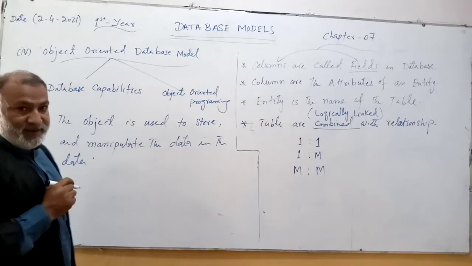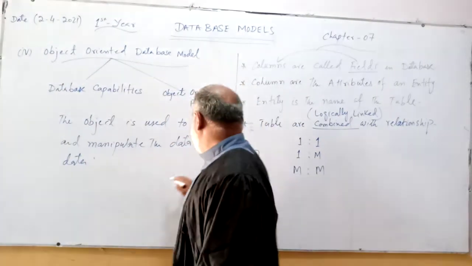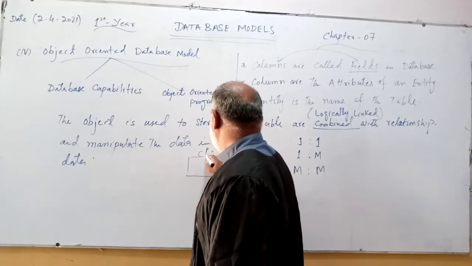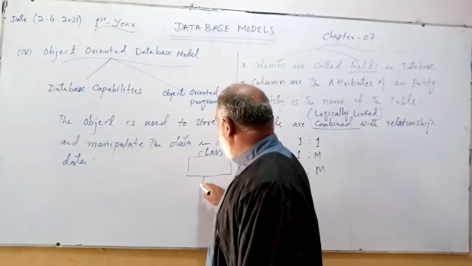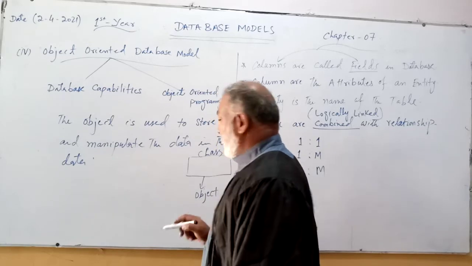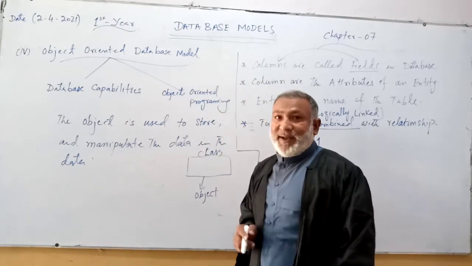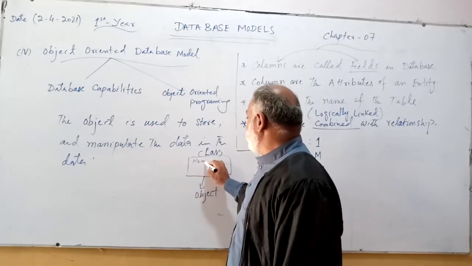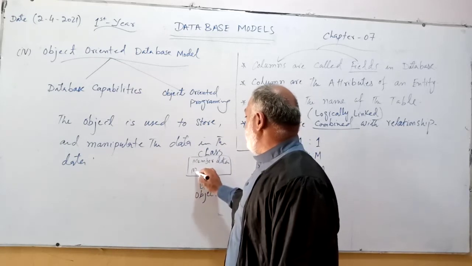What is an object? An object is created for a class. So there is a class, and the class can have objects. It can have one object or it can have many objects. What is inside a class? Inside a class we have member data and we have member functions.